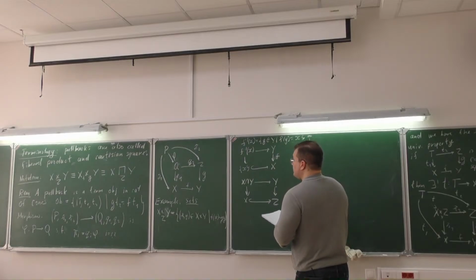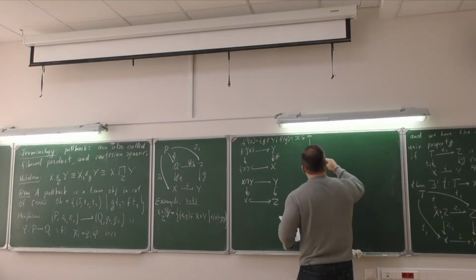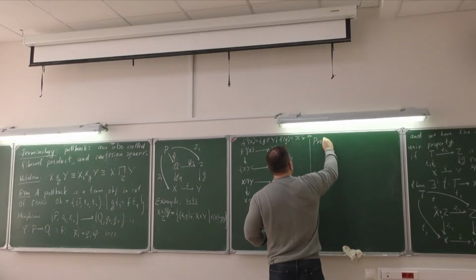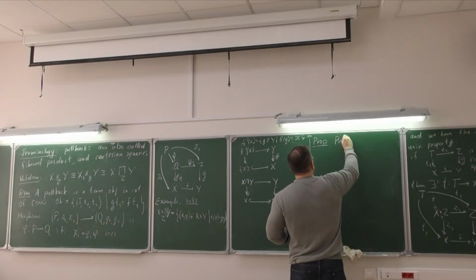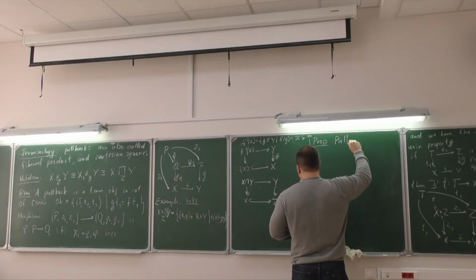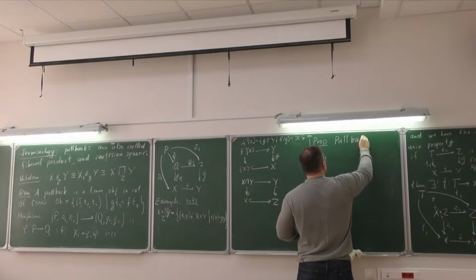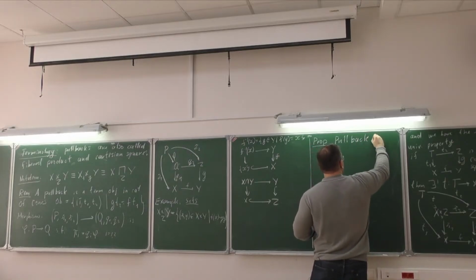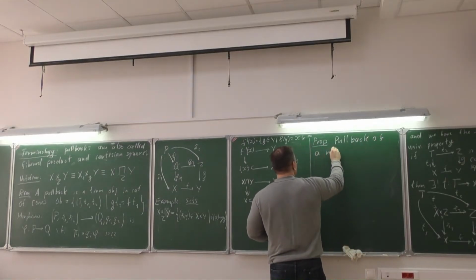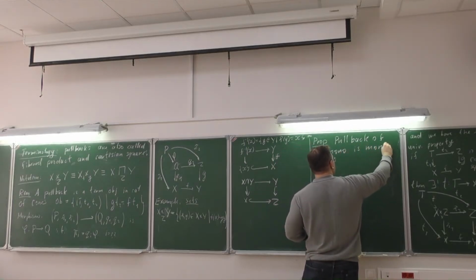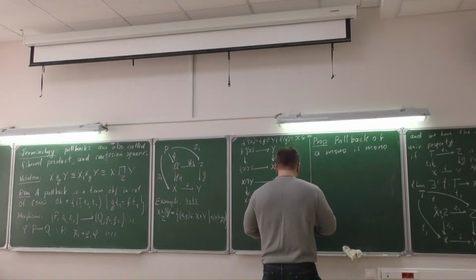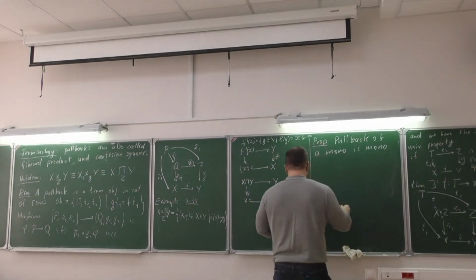Again, as for the equalizers, there are several elementary observations about pullbacks. So the first one, and I think I want to leave almost all of them except one as an exercise: the pullback of a mono is mono. Well, in more detail, it means the following.